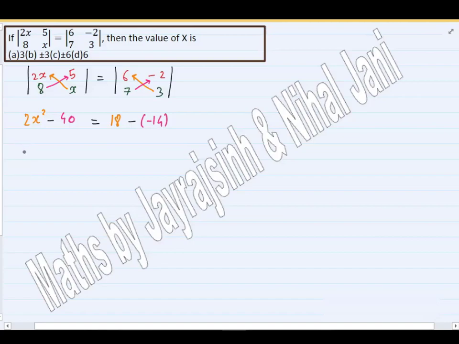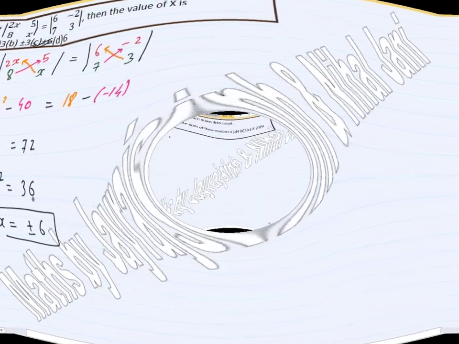Now let's simplify. Here we'll get 2x square is equal to 72, or we can say x square is nothing but 72 by 2, which is 36. So tada, x will be plus or minus 6. Option C is your answer.